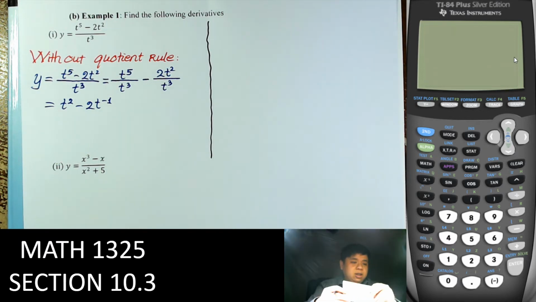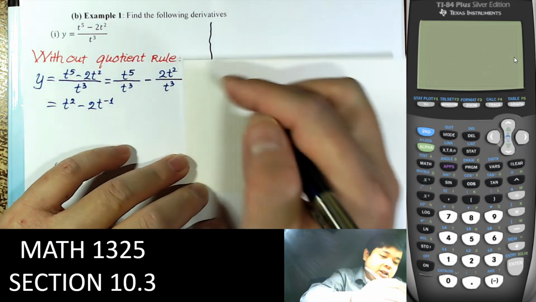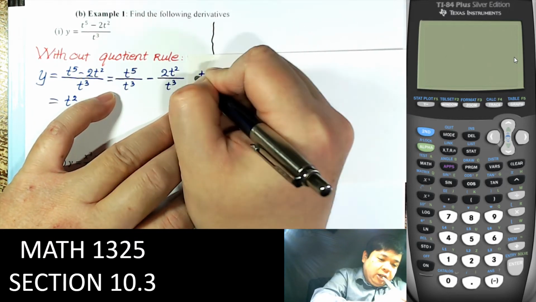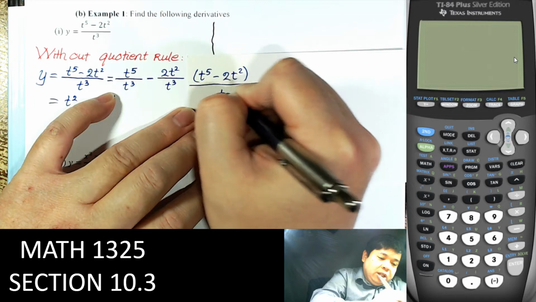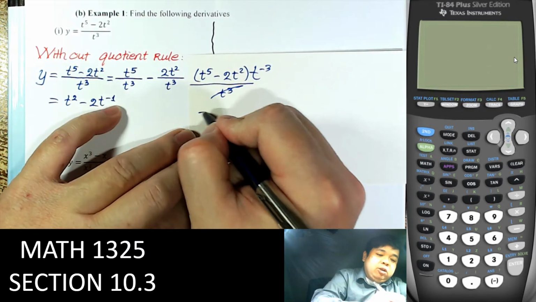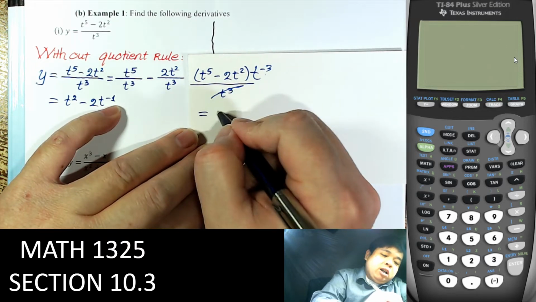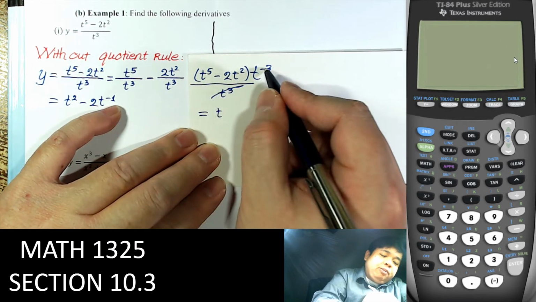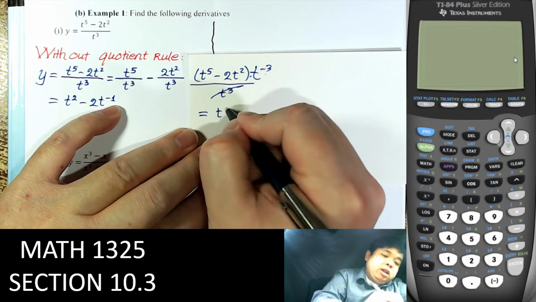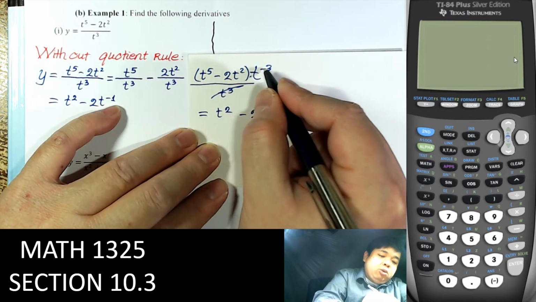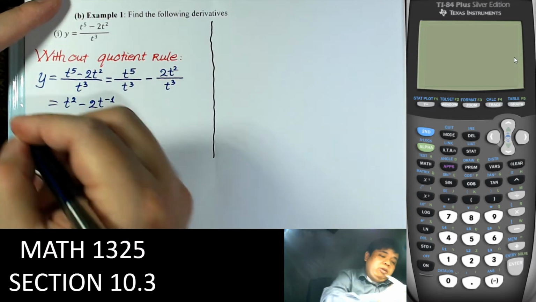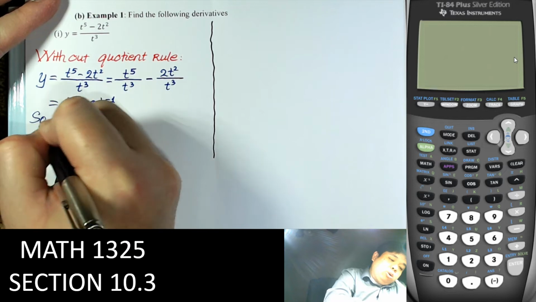Or we can do it like this: t to the 5th minus 2t squared. We have t cubed at the bottom, which we move to the top, and it becomes t to the negative 3, and now we multiply it out. When we multiply this time we add the exponents. 5 plus negative 3 is 2, and 2 plus negative 3 is negative 1. Either way we have that, so the derivative will be easy, just the power rule here.